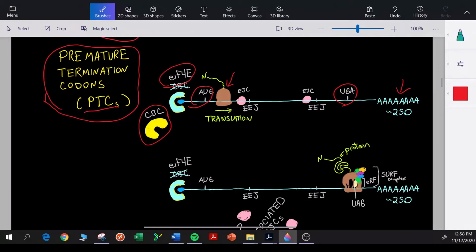The very first ribosome to translate the messenger RNA is called the Pathfinder ribosome. What this ribosome is going to do is travel down that messenger RNA and remove all of these exon junction complexes.